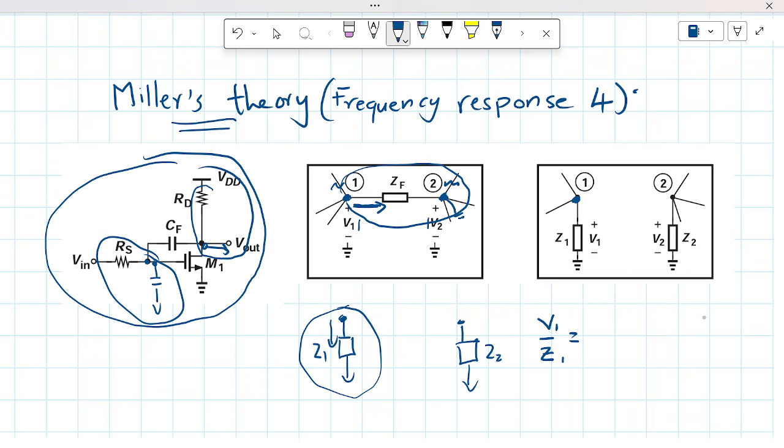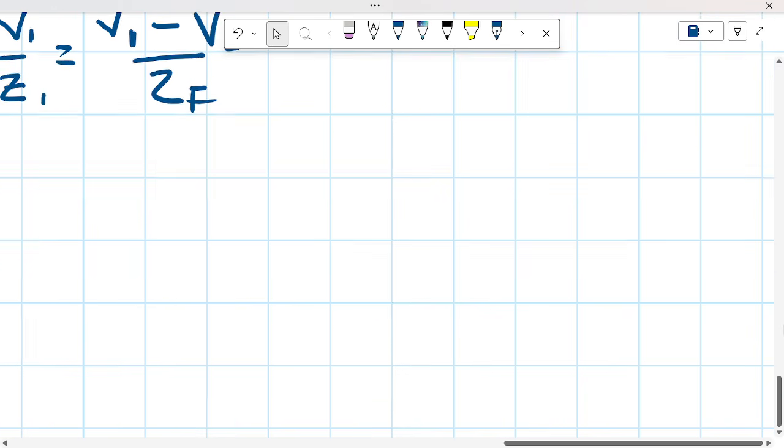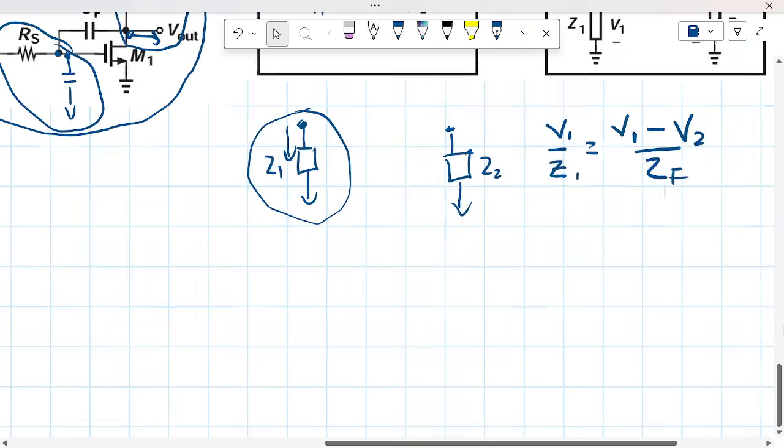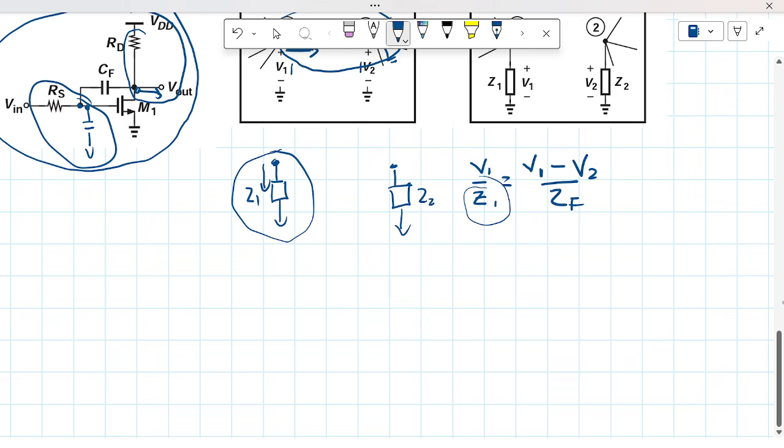And originally we had the current being the voltage V1 minus V2 voltage here, all divided by the original impedance ZF. So zooming into this side, okay, then we just have to make Z1 the subject, then we have our equivalent circuit.